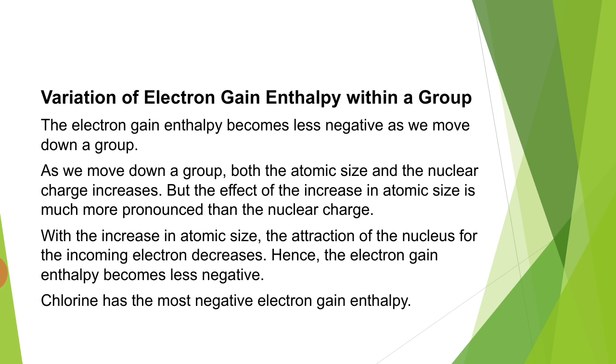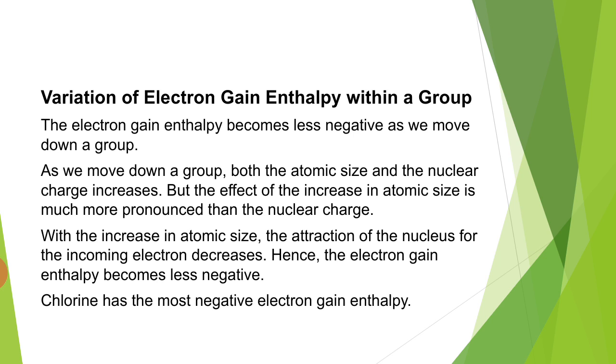As we move down a group, both the atomic size and the nuclear charge increase, but the effect of the increase in atomic size is much more pronounced than the nuclear charge. With the increase in atomic size, the attraction of the nucleus for the incoming electron decreases. Hence, the electron gain enthalpy becomes less negative.